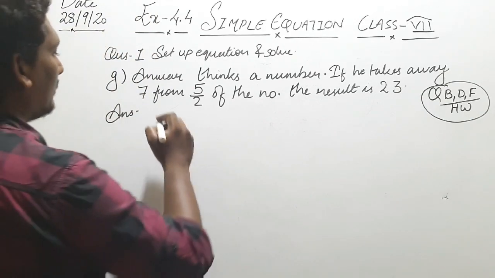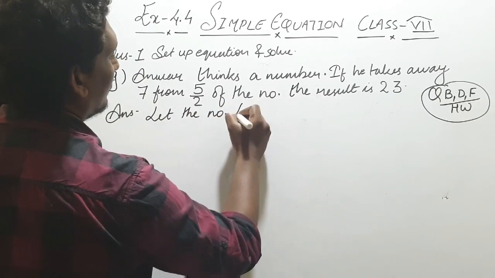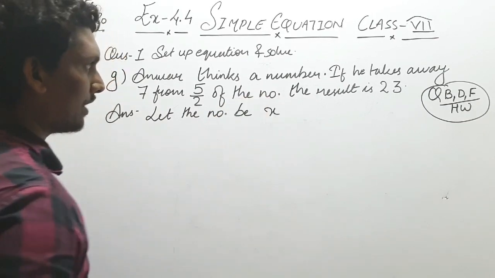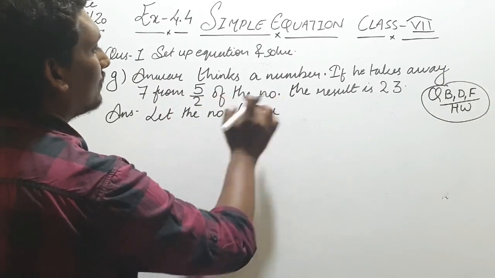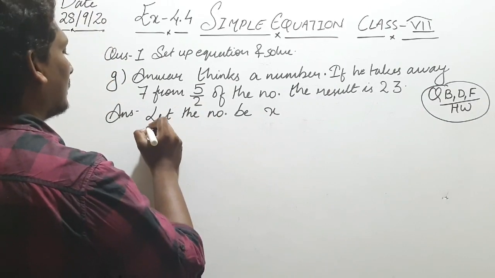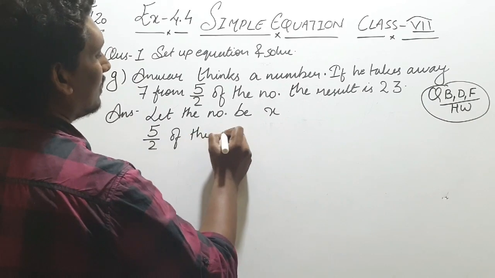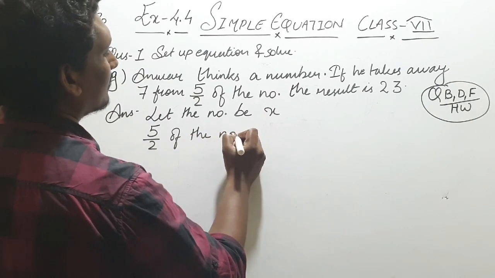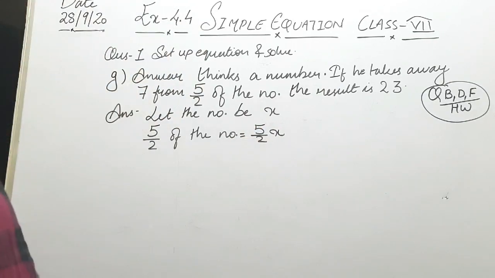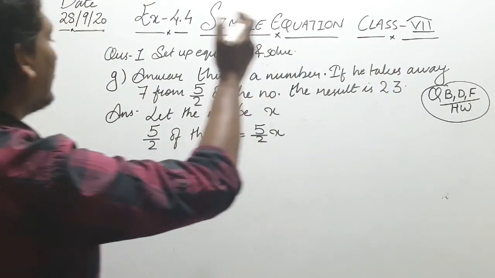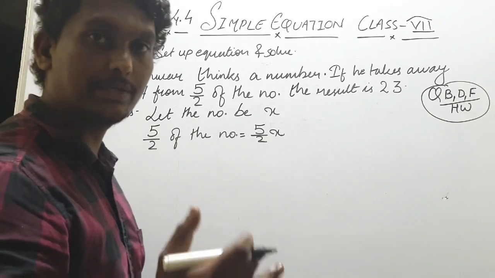So here let the number be x. Let the number be x we have taken, right? Now next part is 5 by 2 of the number, that is 5 by 2x. Now if he takes away 7 from 5 by 2 of a number, takes away means subtracted.